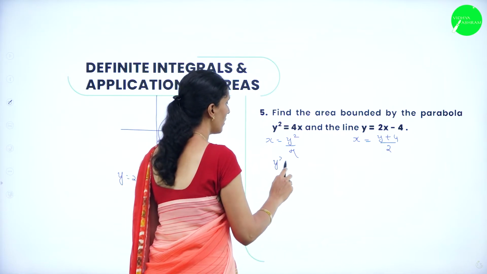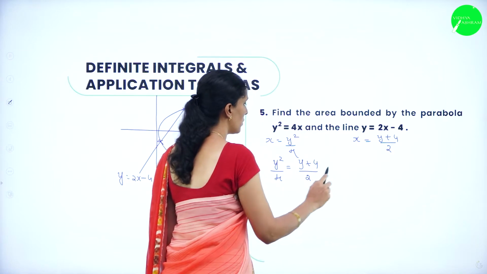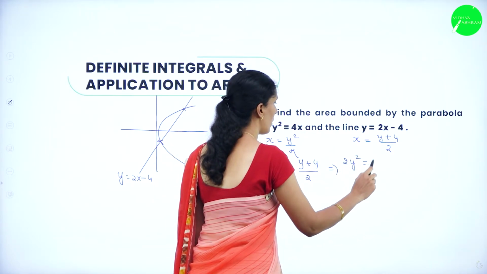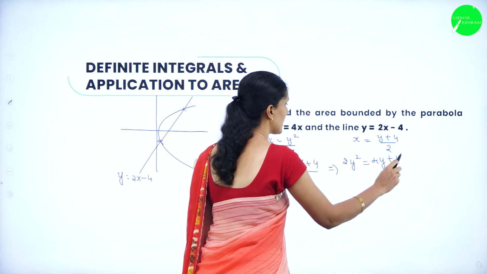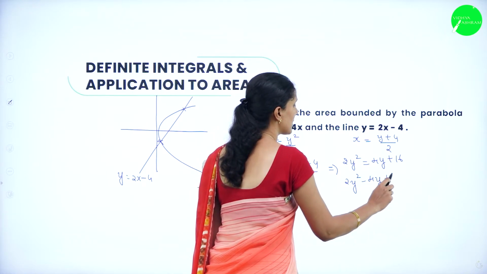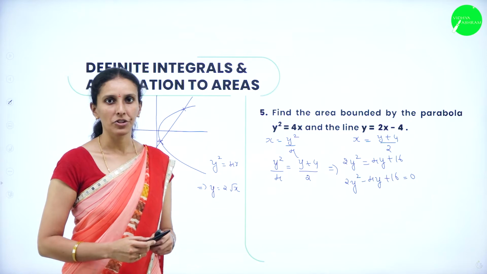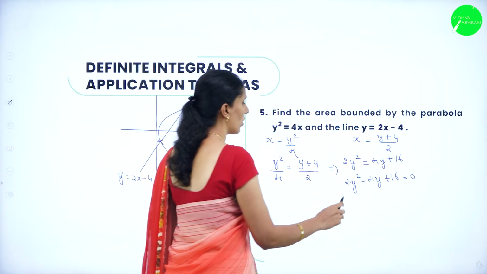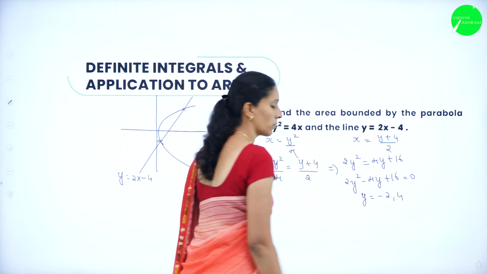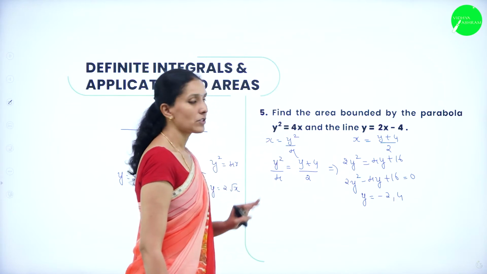So y square by 4 is equal to y plus 4 by 2, which is 2y square is equal to 4y plus 16, or 2y square minus 4y minus 16 is equal to 0. On solving this quadratic equation, we get the factors as y is equal to minus 2, 4.